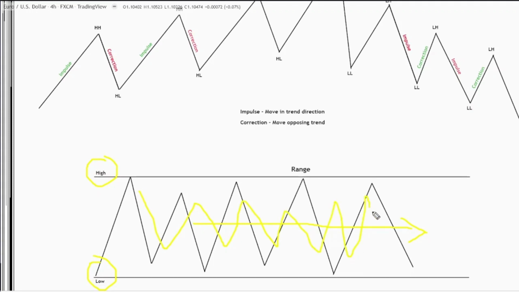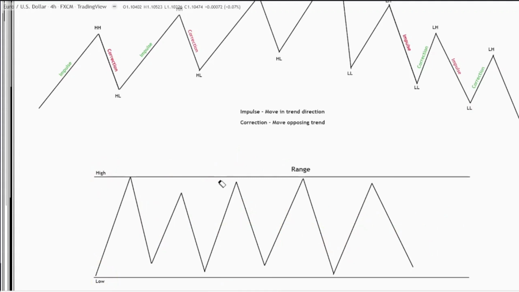It creates a border that the market moves within, and that's the reason why you don't find the market moving above this high or below this low, because in a ranging market there's only one high and one low that keeps the market within its borders. And that's a ranging market.